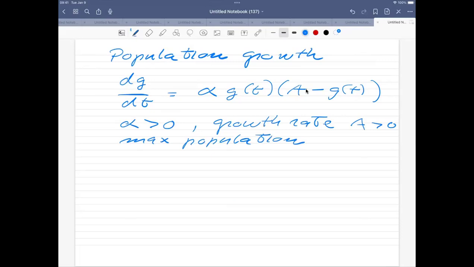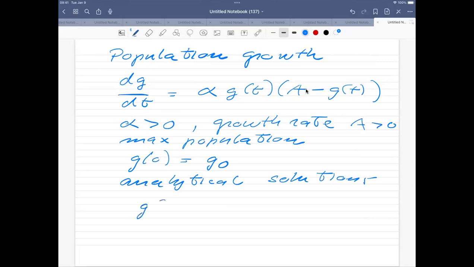Now, the population at t equals 0 is something which we again are going to label as this g0. And this equation has an analytical solution as well. So the analytical solution, and some of you may have encountered this equation already. So let's write it down, because in the programs, which follow pretty soon, we are going to compare the solution with a neural network with the analytical solution.